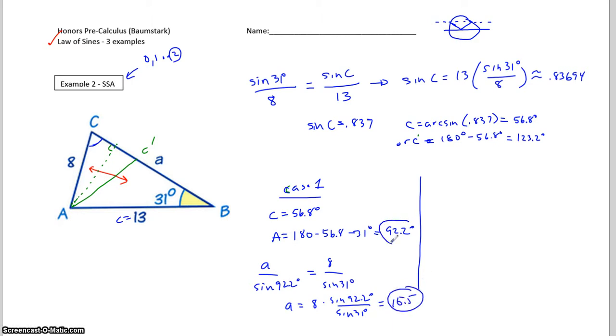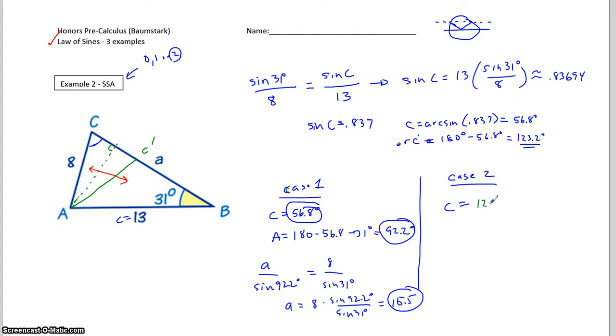So the first triangle is going to have an angle A of 92.2, C of 56.8, and a side A of 15.5. Case 2, we're just going to do the same thing, except now we're going to start with C equal to this one. Maybe I'll finish it off in green here.